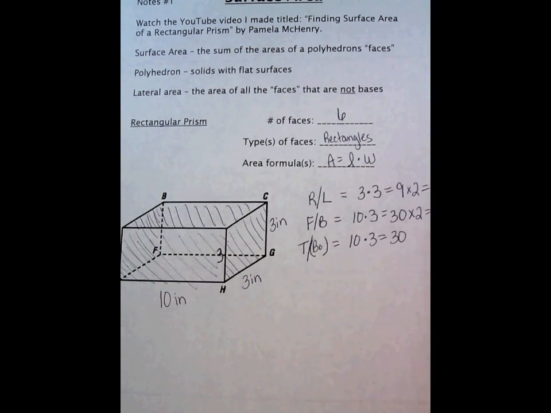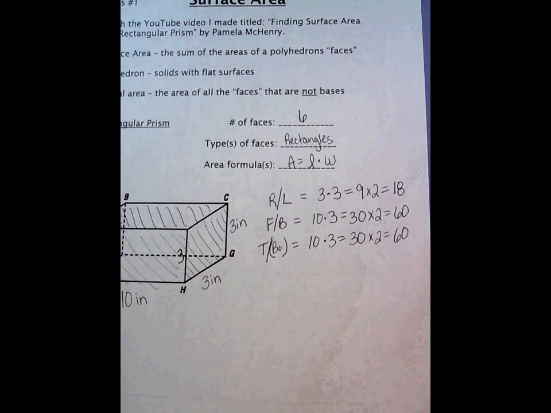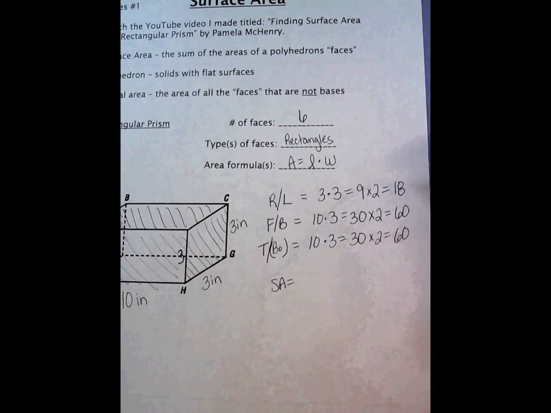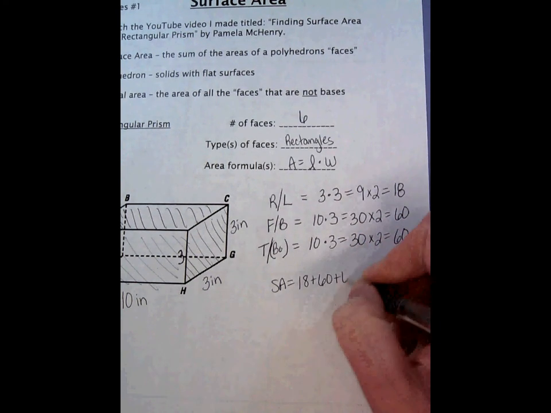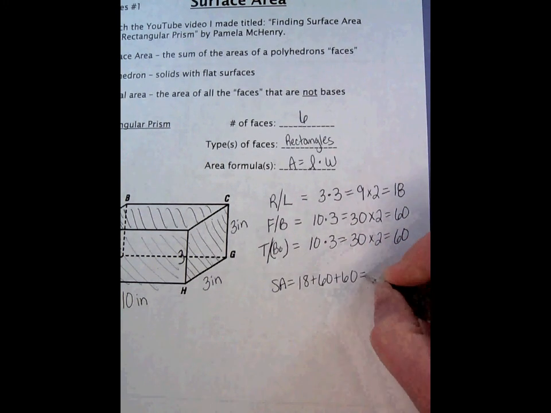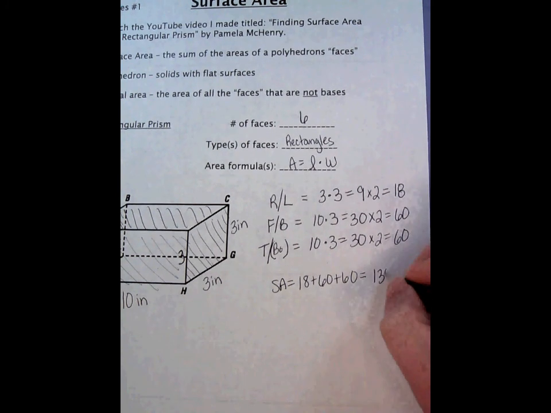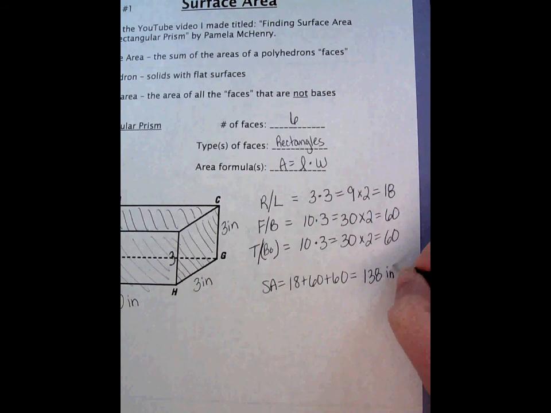And because there are two of them, 30 times 2, the top and the bottom, is another 60 square inches. So if we add up all of these, we'll have our surface area. So 18 plus 60 plus 60 is a total of 138 inches squared.